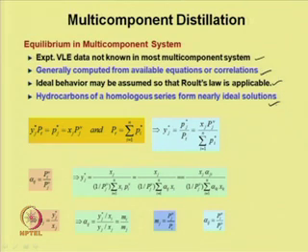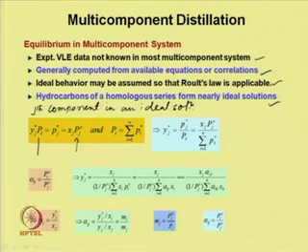As we know, hydrocarbons of a homologous series form nearly ideal solutions. Now, for the jth component in an ideal solution, we can write y j star P t is equal to p j star is equal to x j p j v, where x j is the mole fraction in the liquid phase, p j v is the vapor pressure of component j at a given temperature, and P t is the total pressure.